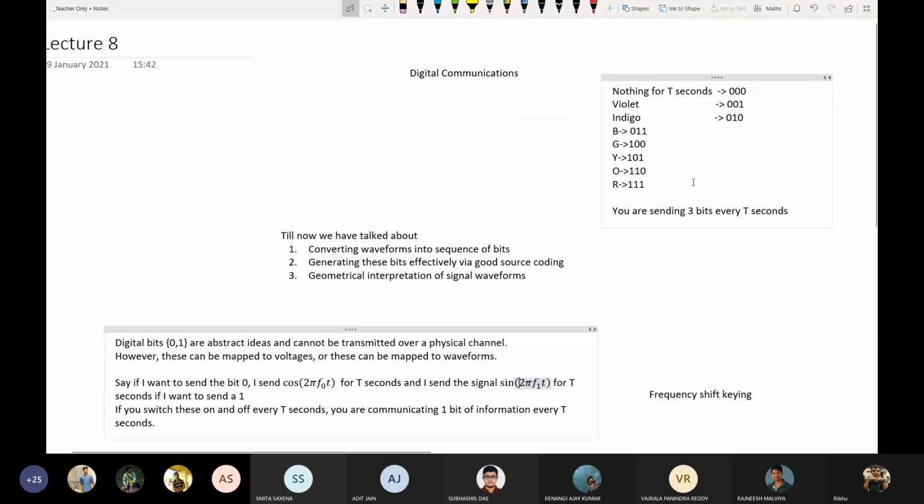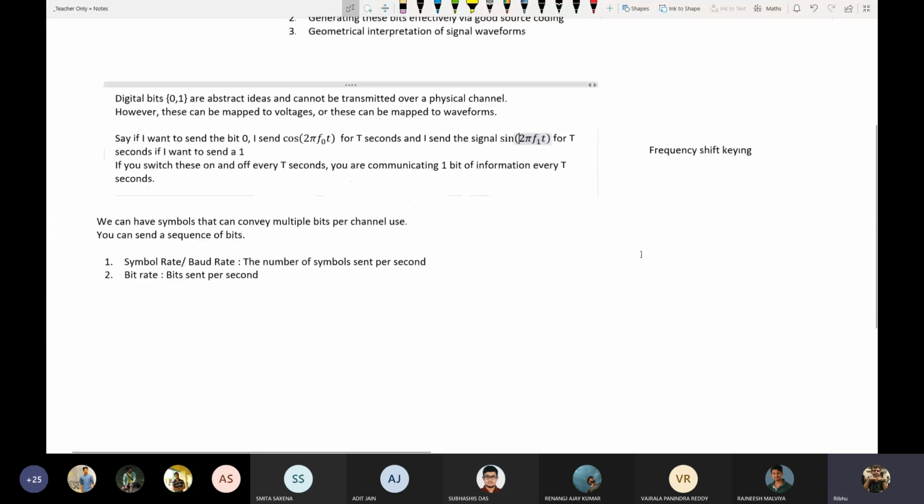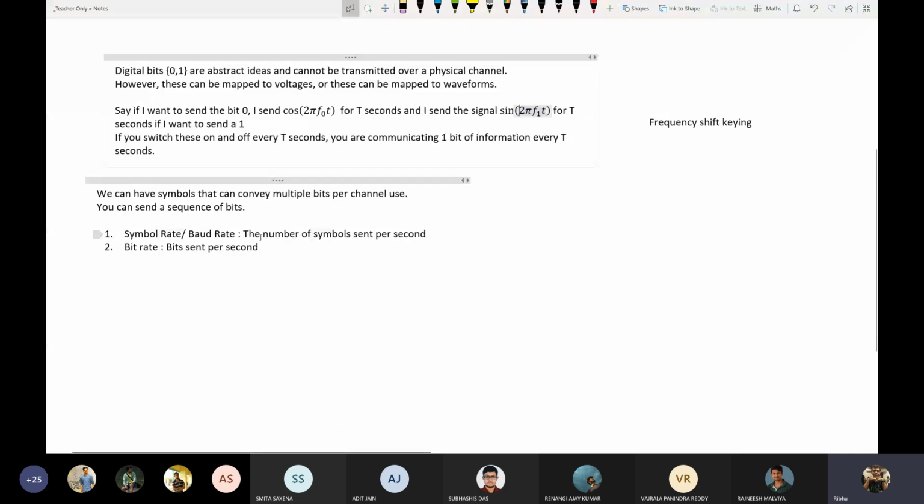Since you are changing the frequency in accordance with the transmitted symbol, this is a form of FM, analogous to frequency modulation.